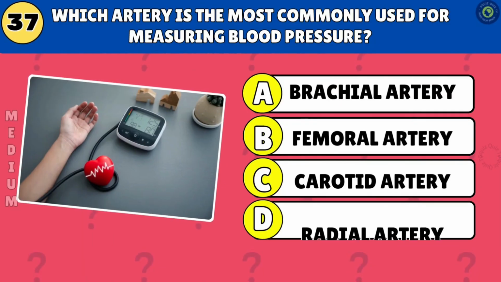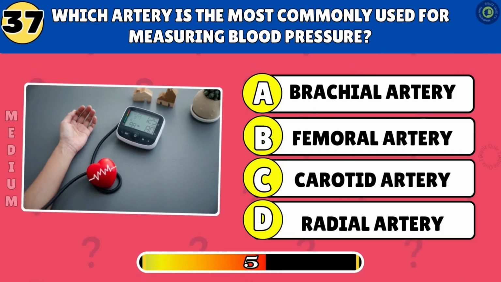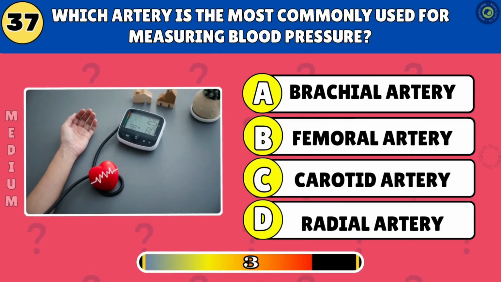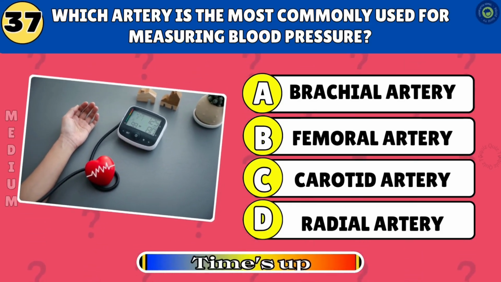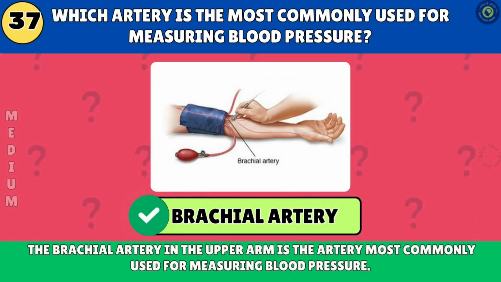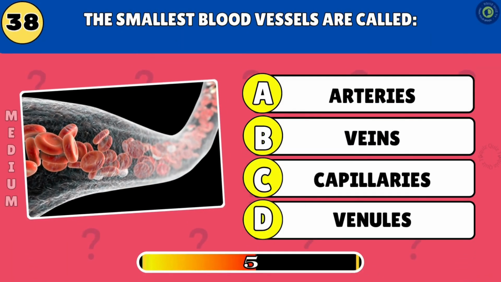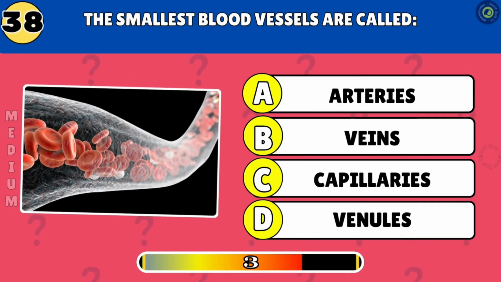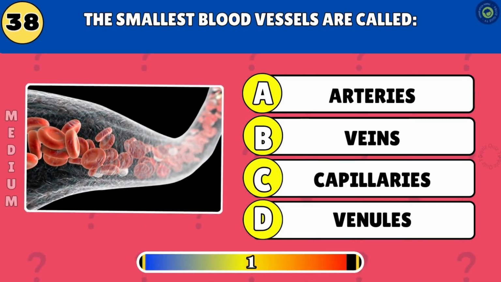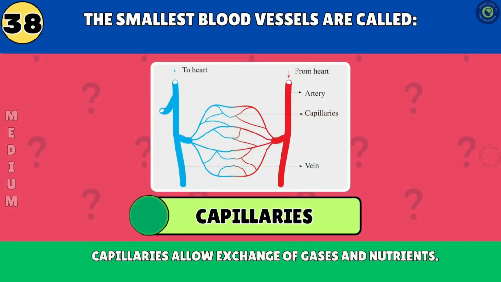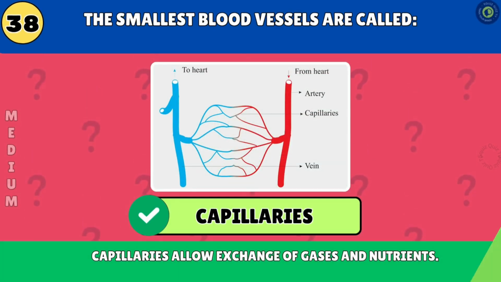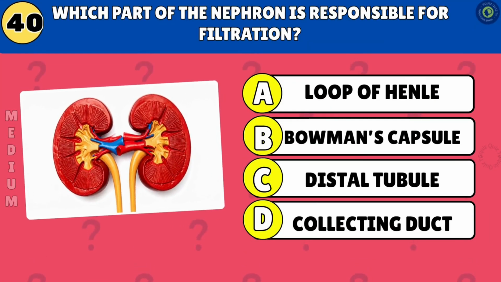Which artery is the most commonly used for measuring blood pressure? The smallest blood vessels are called... Which part of the nephron is responsible for filtration?